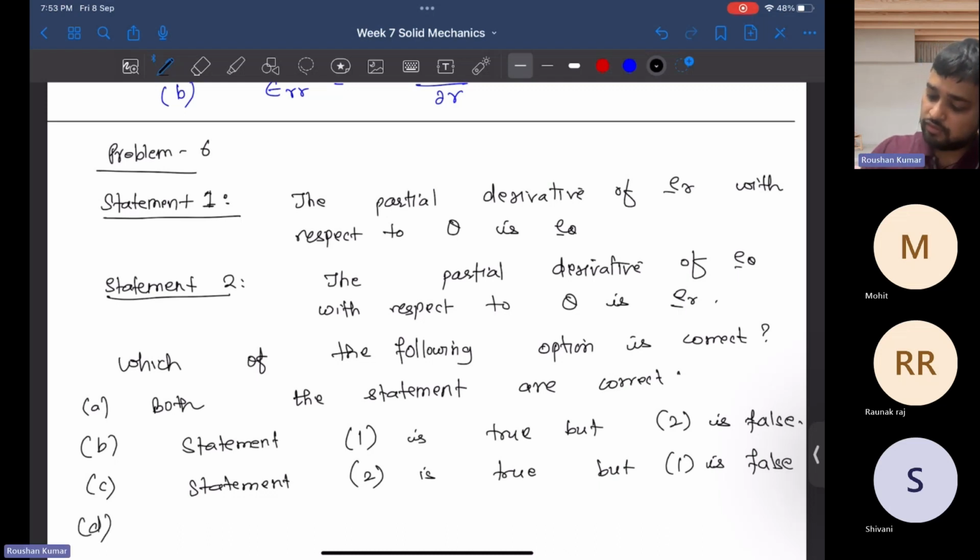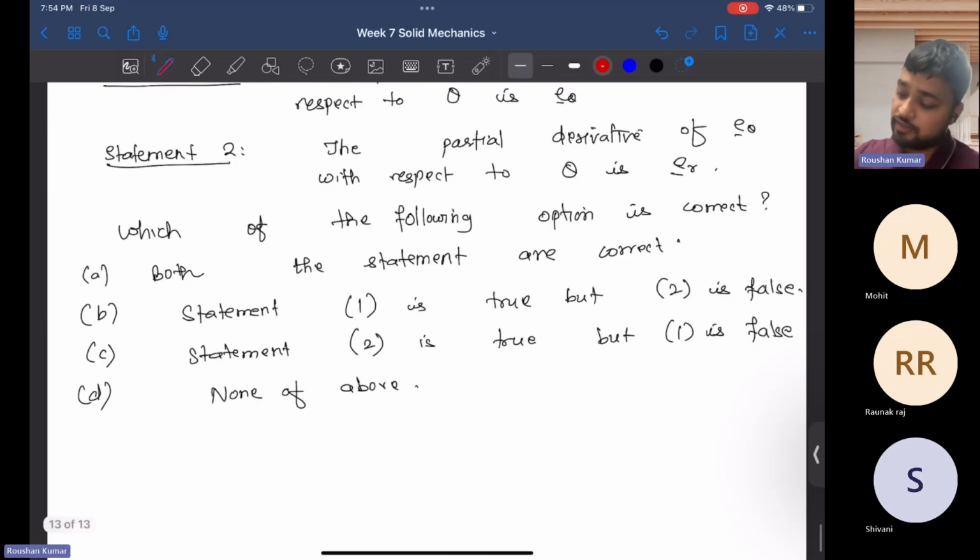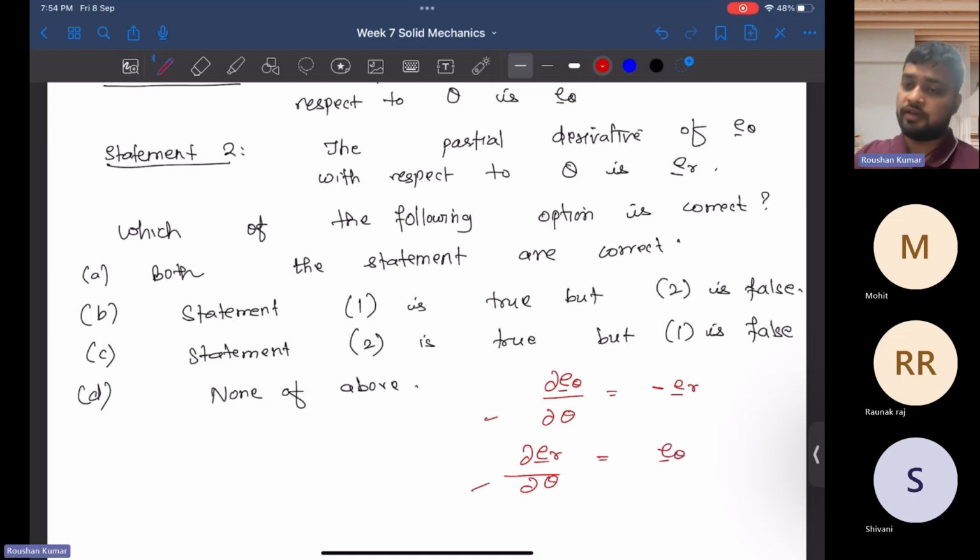And the last option is none of the above. So the question is, the partial derivative of e_r with respect to theta is e_theta, and the partial derivative of e_theta with respect to theta is e_r. So we know that del e_theta upon del theta is minus e_r, and del e_r upon del theta is e_theta. So this is the correct expression.